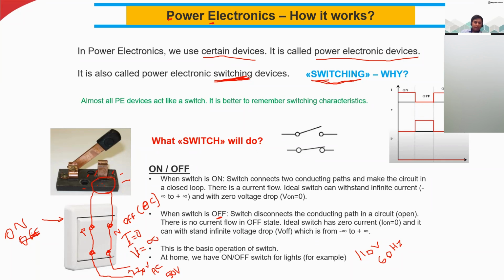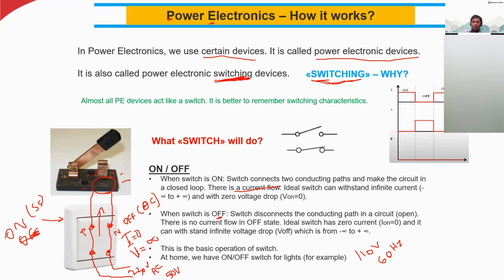So what is happening in the on state? On state means it's a short circuit, SC. So this is OC, open circuit, and this is the short circuit, SC. During the short circuit or on state, there is a current flow. Yes, the current is flowing here like this. And an ideal switch can withstand infinite current. Whatever the current, even 1 ampere or 10 ampere, it can withstand, of course up to your fuse capacity.